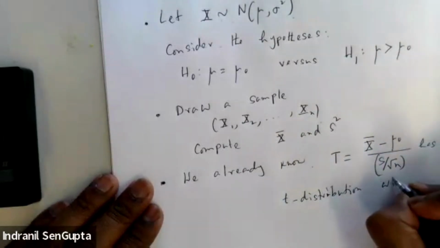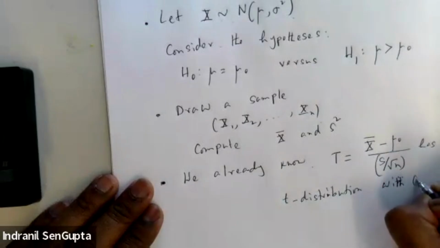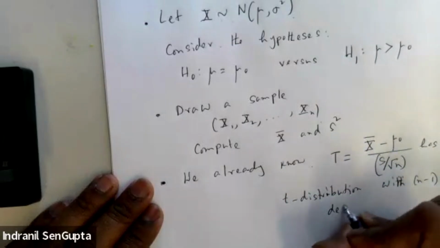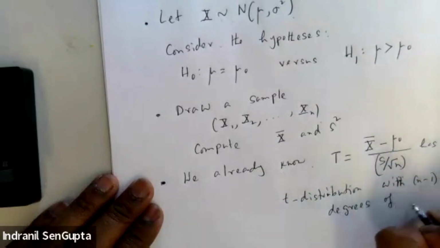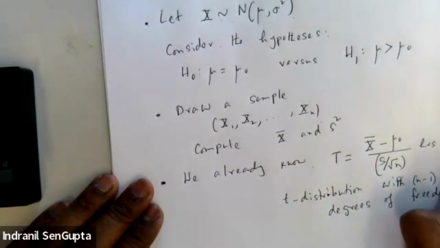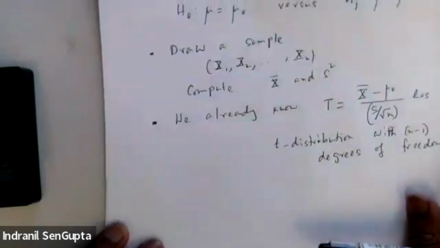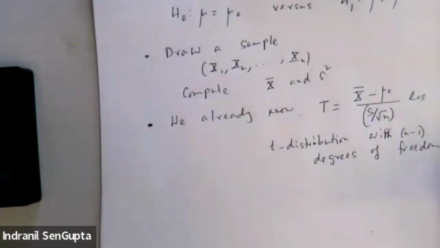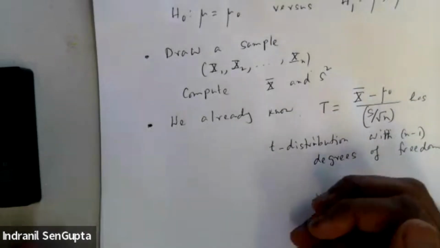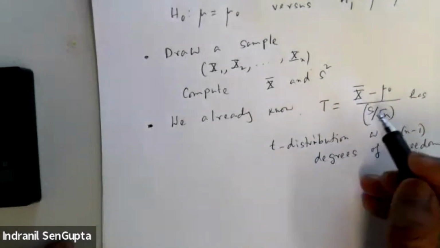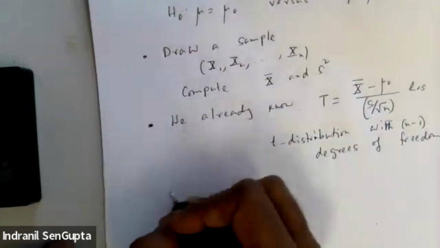with n minus 1 degrees of freedom. That's something we already know. So we can consider this in the following way: using the distribution of T, we can reject.